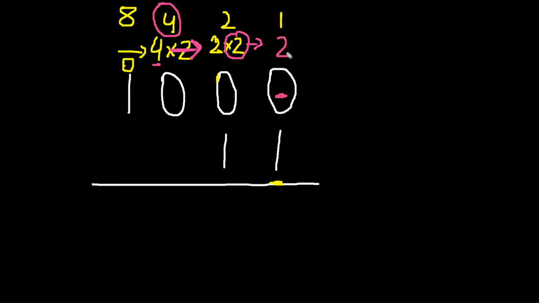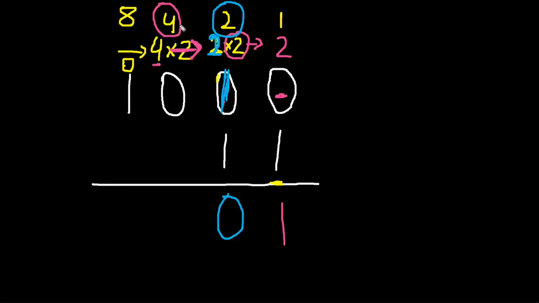So 2 minus 1 is 1. Here we have 2, but this 2 is actually rank 2. That's why we have 1 here. So one of this rank is left. So 1 minus 1 will be 0.